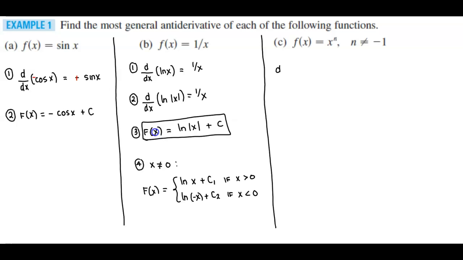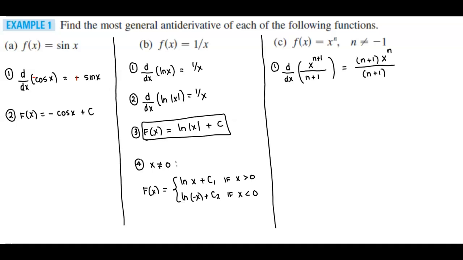If we took the derivative with respect to x of the following function, x to the power of n plus 1 over n plus 1, that means it's going to be n plus 1 times x to the power of n plus 1 minus 1, which is just n, over n plus 1.